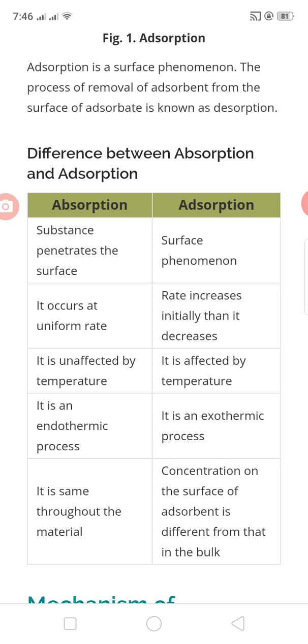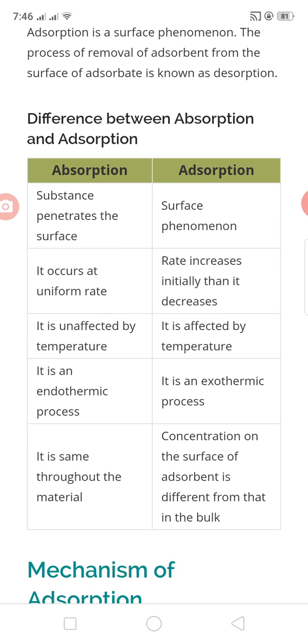In the bulk means in major quantity, while adsorption takes place not in bulk quantity, it only takes place at the unilayer and in small amount.